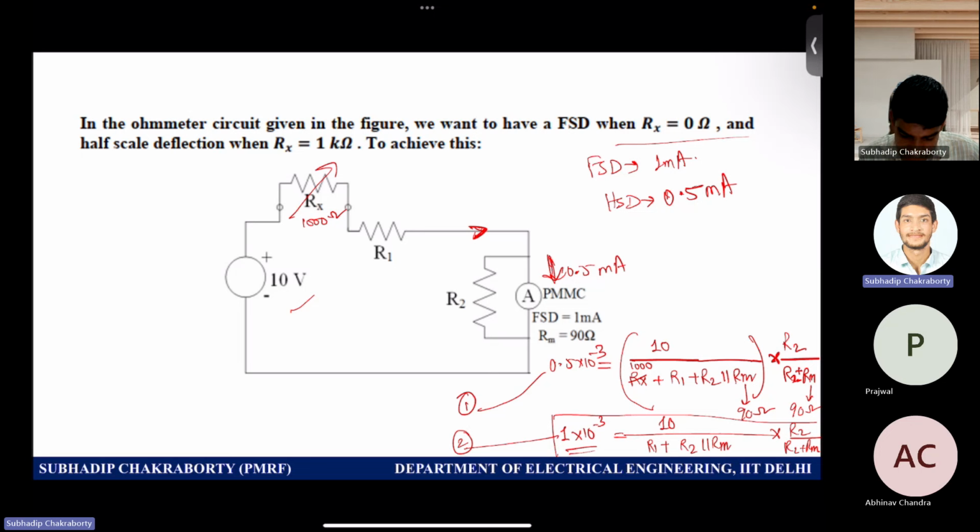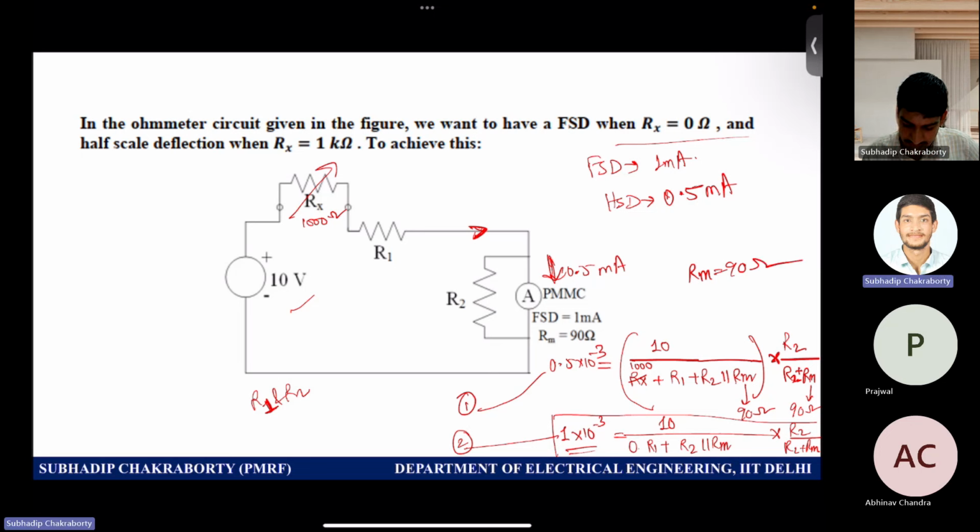Now using these two equations, try to find out the value of R1 and R2. You have only two variables. All other values are given. Rm is 90 ohms. And what else you need? Rx is given, okay, 1000.